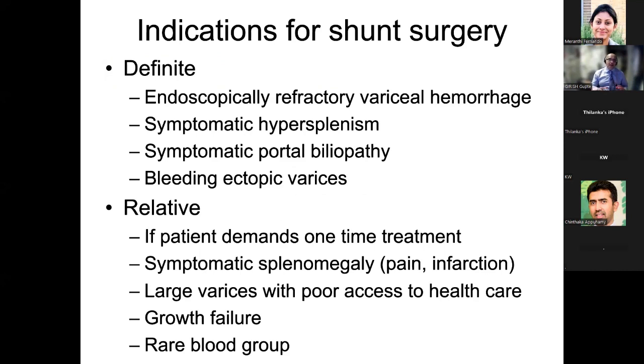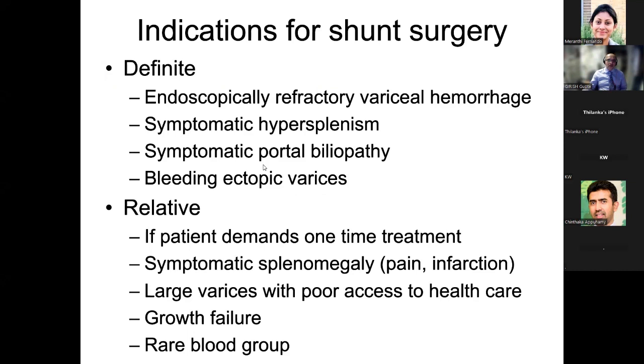So TIPS has a role in children, which is quite used in experienced centers, but there is non-transplant surgery that can be necessary for management of portal hypertension, where the indications for shunt surgery are definite and some are relative. And I worry about the relative, especially when the patient demands a one-time treatment.